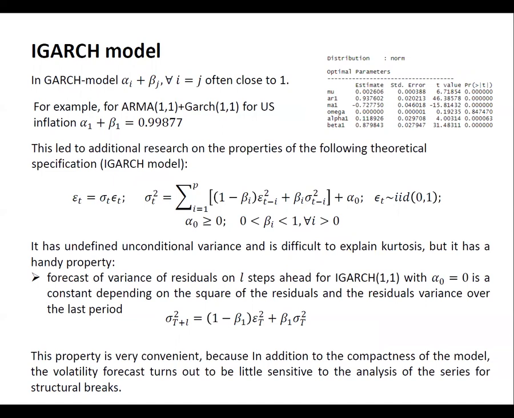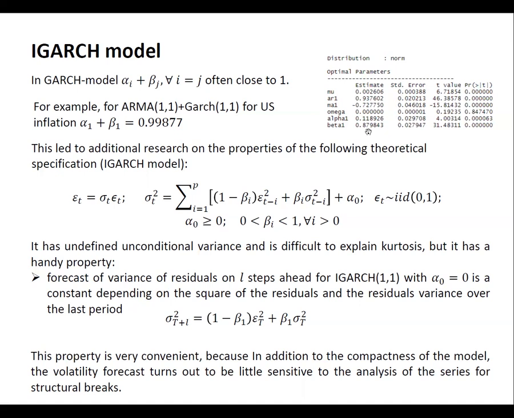Researchers have noticed that in the GARCH model, the coefficients alpha plus beta with the same index are often close to 1. Let's pay attention to the output of our inflation GARCH model. We see that alpha is 11 hundredths and beta is approximately 88 hundredths.